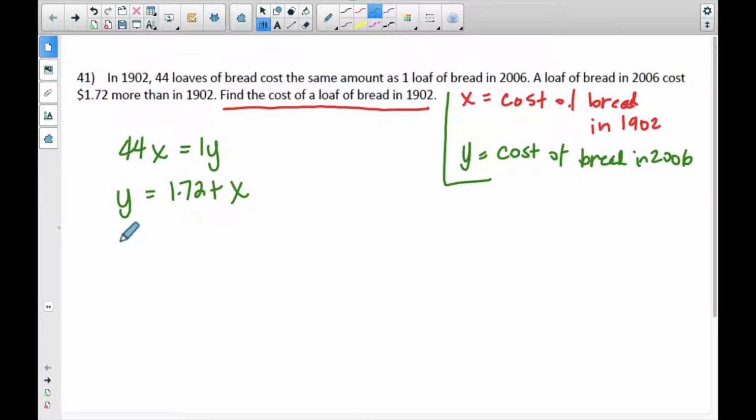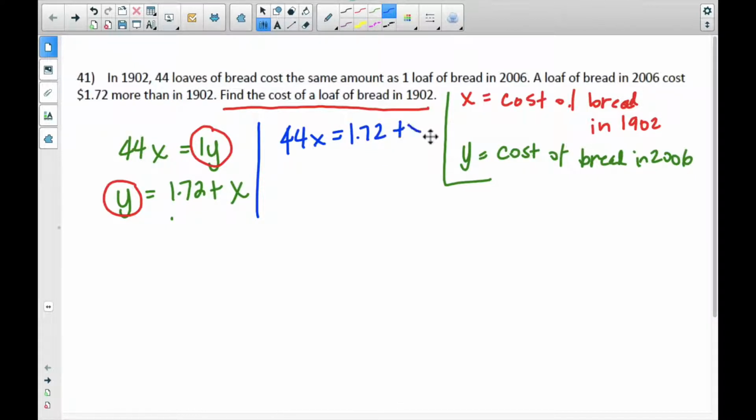And in 2006, bread costs $1.72 more than it did in 1902. Now, since both of these are equal to Y, we can set those two expressions equal to each other. So we get 44x is equal to $1.72 plus x.